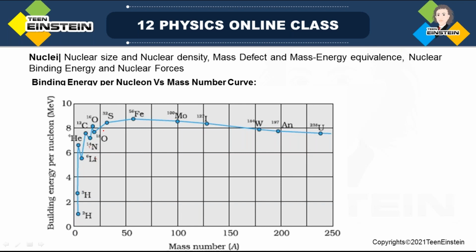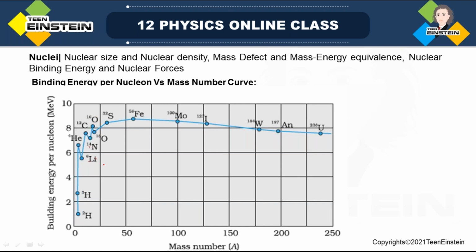Again, oxygen 16 has greater binding energy than oxygen 18. So compared to lithium, helium is a more stable nucleus. Again, compared to nitrogen, carbon 12 is a more stable nucleus, and oxygen 18 is less stable than oxygen 16.